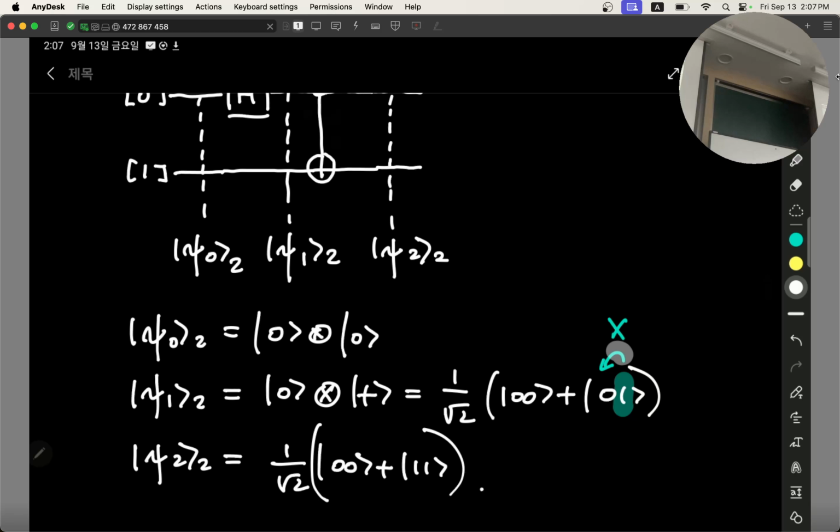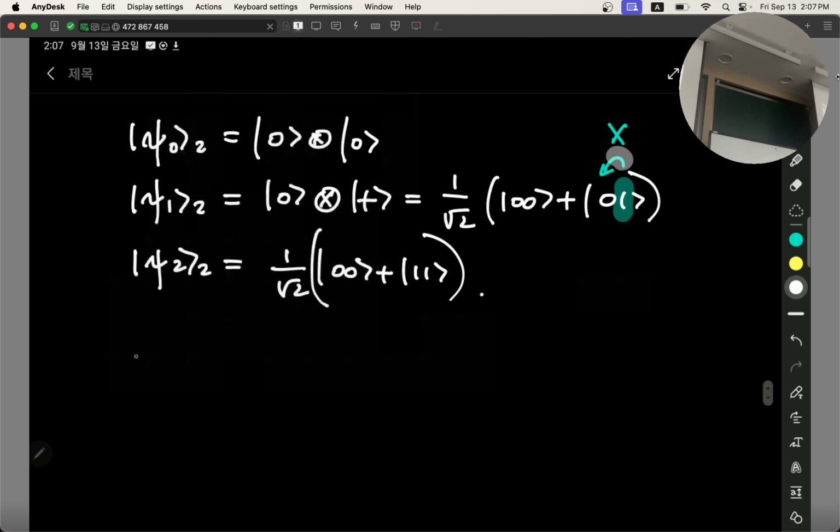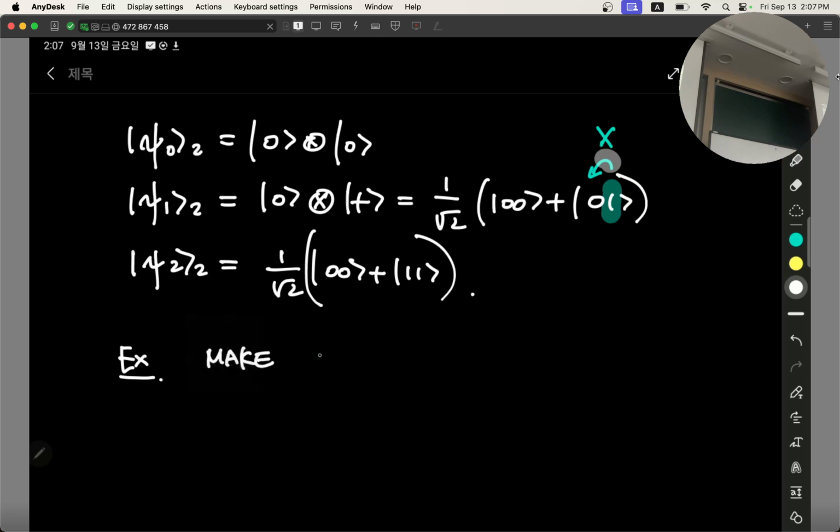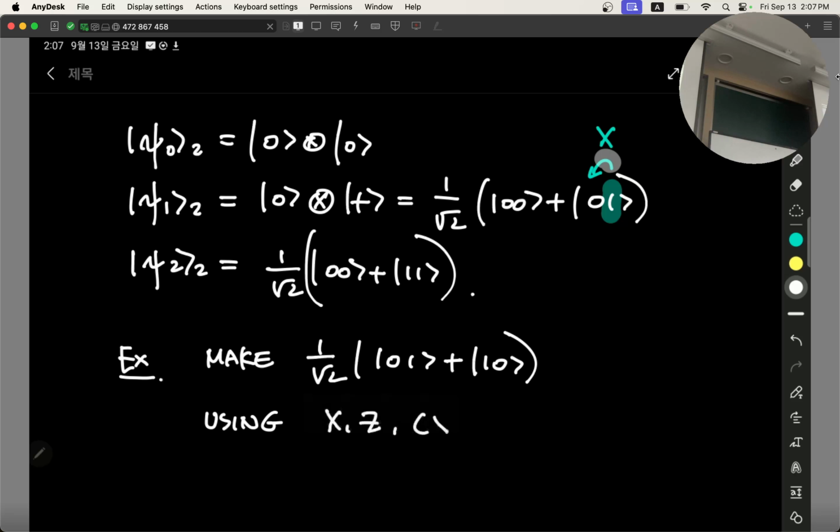Okay, let's try to think about how you could make another quantum state. Since we have time, let's have an example. Let's try to make this state, 01 plus 10, using X, Z, controlled X, and Hadamard.